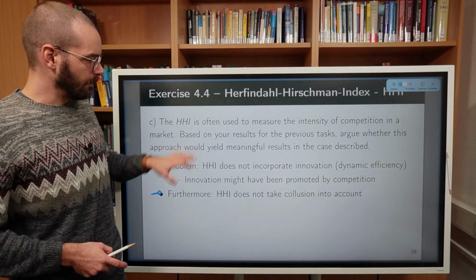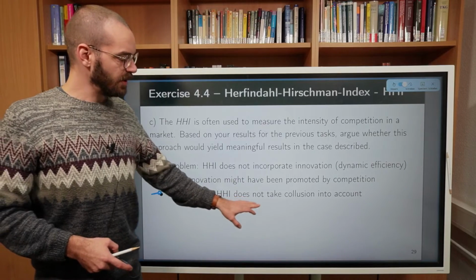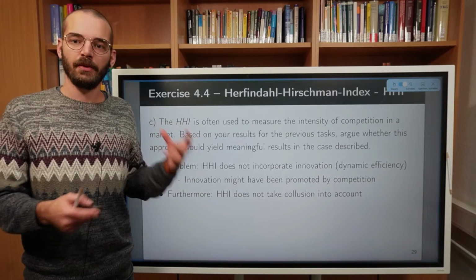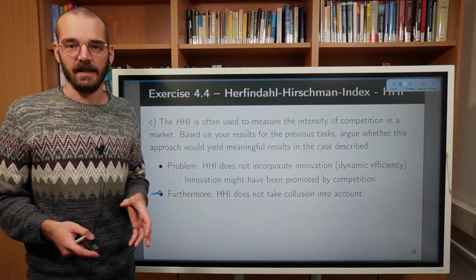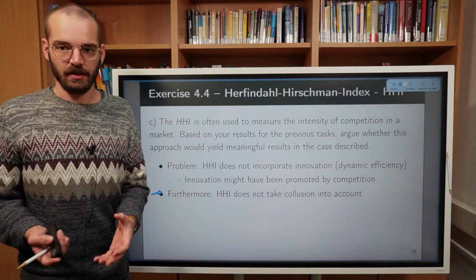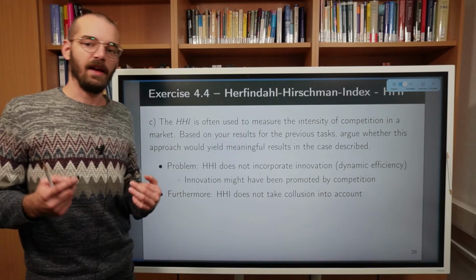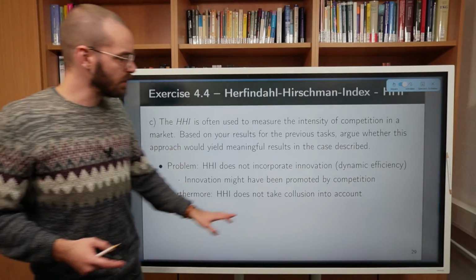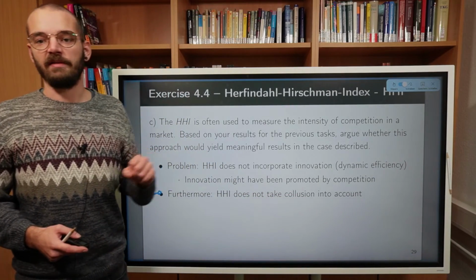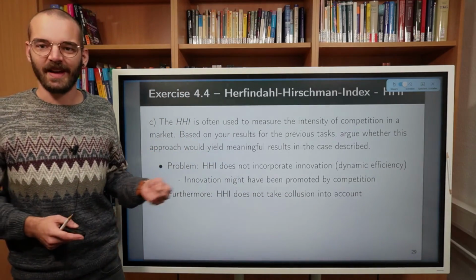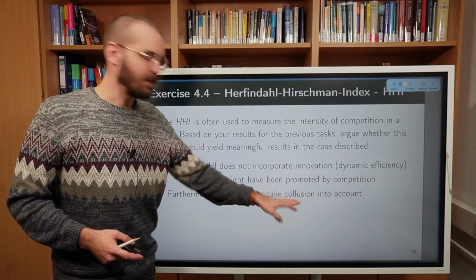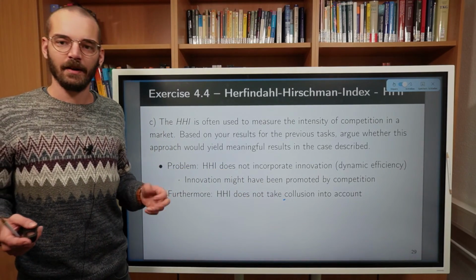So collusion would actually be more likely in the first setting, where both firms are of equal size. After innovation and after this cost reduction, firms are unequal, and then, ceteris paribus, we would conclude that collusive behavior is less likely. And of course, bottom line, collusive behavior is something not desirable from a welfare perspective.